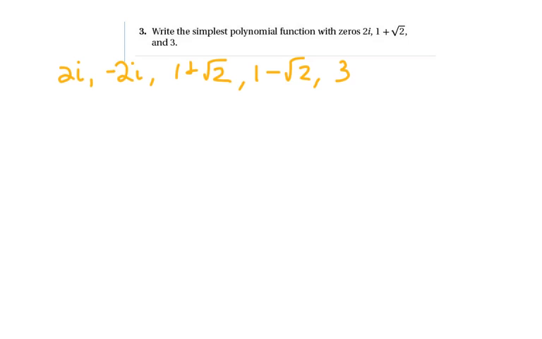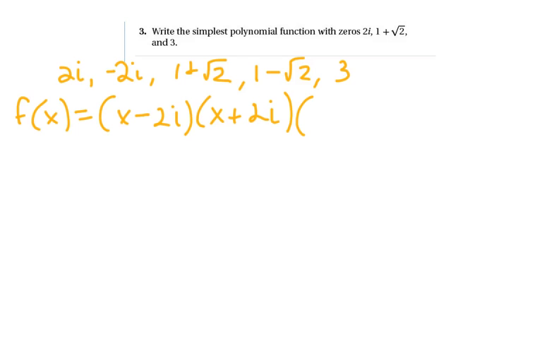So let's write our factors out. I've got x minus 2i, x plus 2i. Then I have to figure out what to do with these irrational roots, and I end up with x minus 1 plus root 2 and x minus 1 minus root 2.